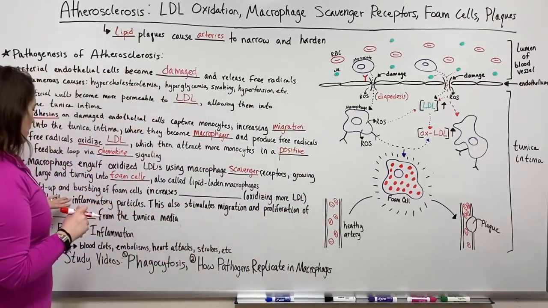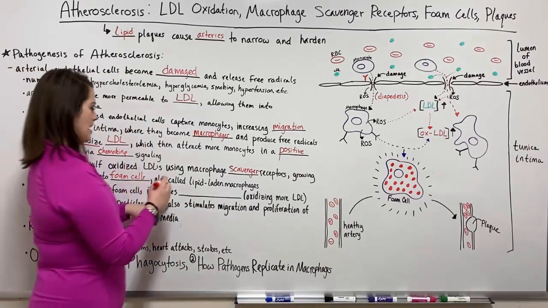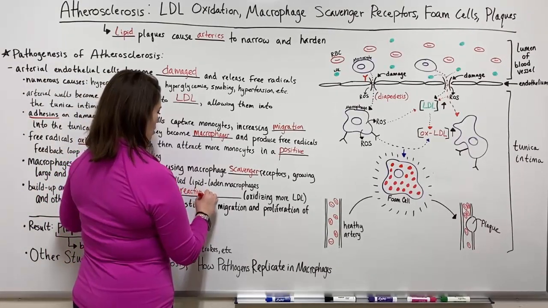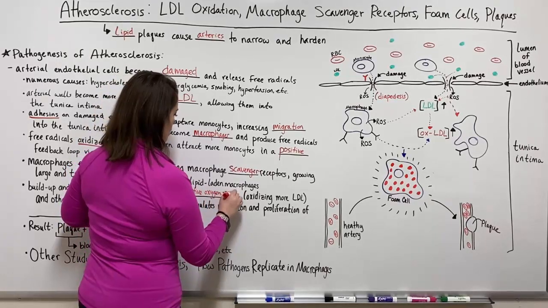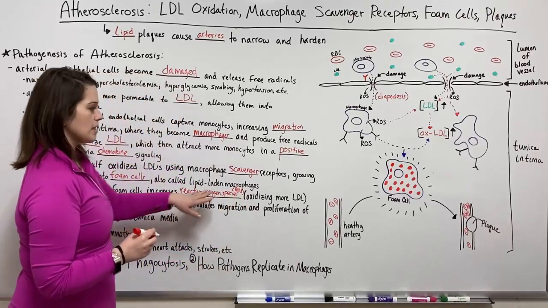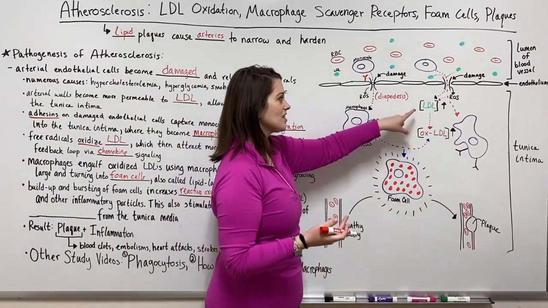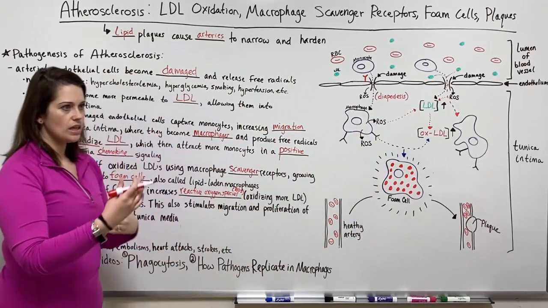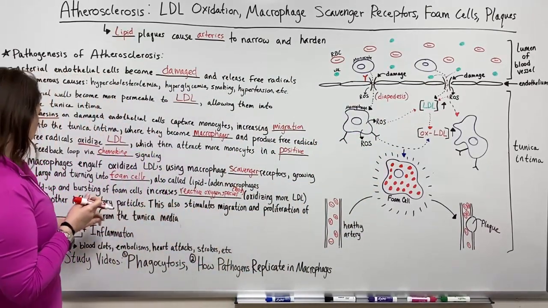And so this buildup and bursting of the foam cells increases the reactive oxygen species. Remember, that's the ROS. I'm going to put that in parentheses right here, ROS. It increases the reactive oxygen species that are floating around here. And what does that do? That just oxidizes even more LDL, okay? So it's just this really unfortunate, damaging positive feedback loop.